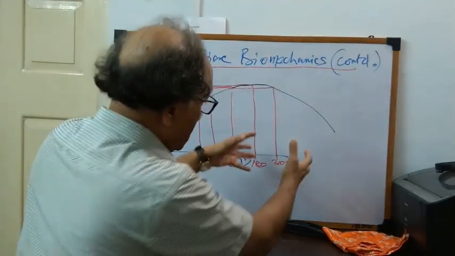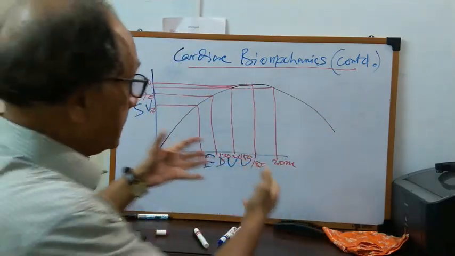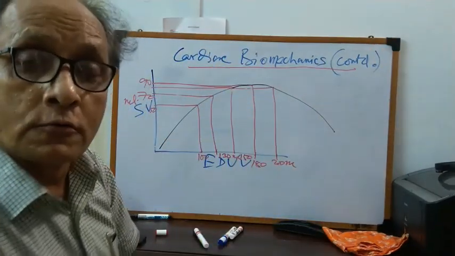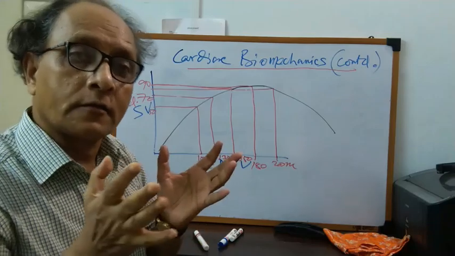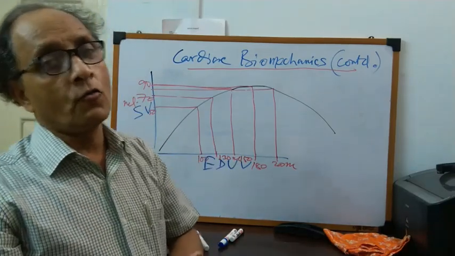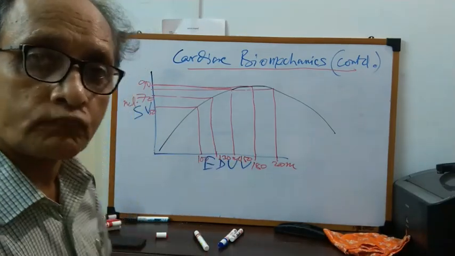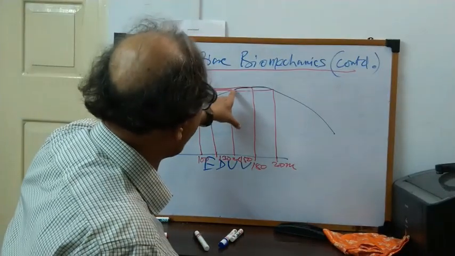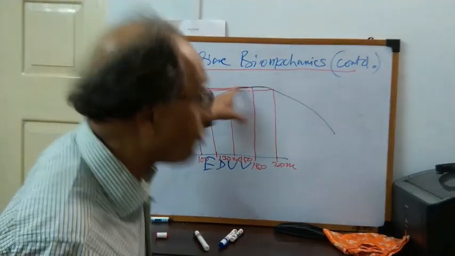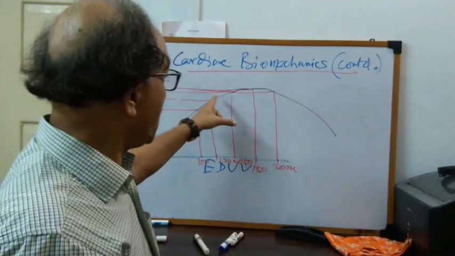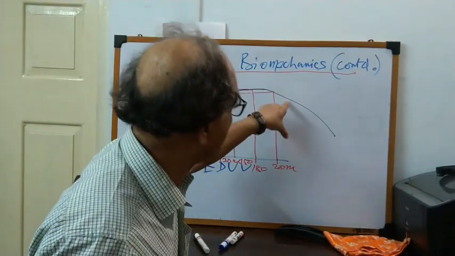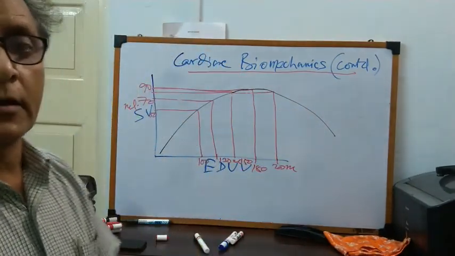And what will happen? The blood will remain accumulated, but it cannot pump out. And that is precisely what is known as heart failure. And once it is operating in the plateau, in no time, within a few beats, it will start operating in the descending limb and the person will succumb.